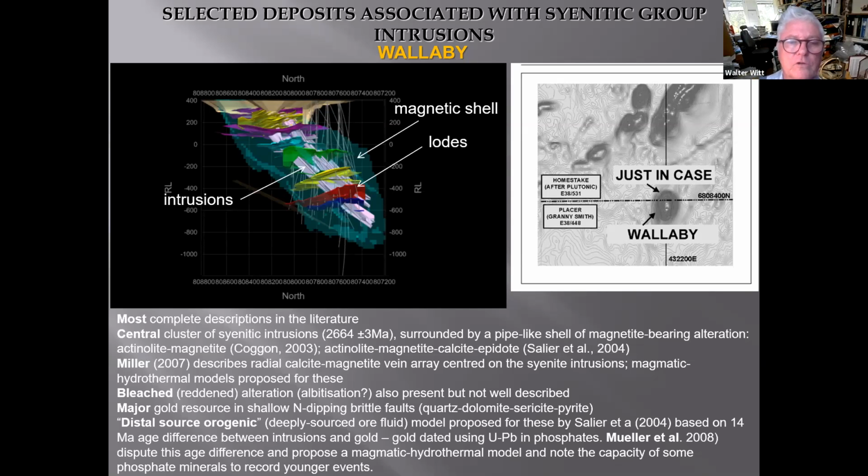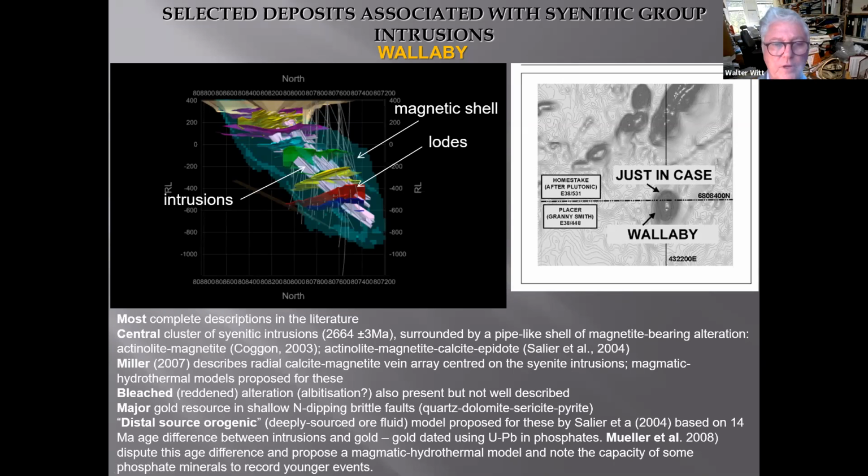The bleached or reddened alteration is also present at Wallaby, but this hasn't been well described or emphasised in the literature. The emphasis at Wallaby is on the shallow north dipping brittle faults shown in various colours here, which contain the high-grade gold. The origin of the deposits remains contentious.